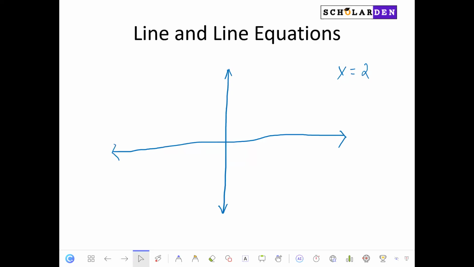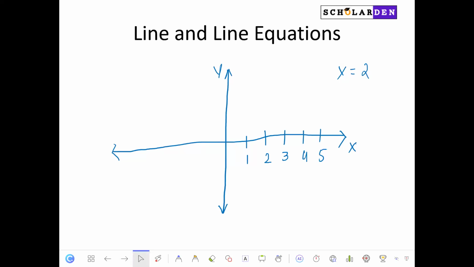Again, take 5 to 10 seconds to quickly ponder these things, and then I'll continue. So this is 1, 2, 3, 4, and 5, positive values for the x-axis and positive values for the y-axis. We were supposed to plot the point x is equal to 2.